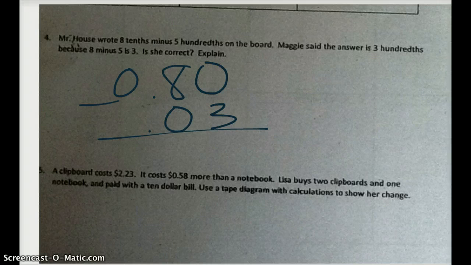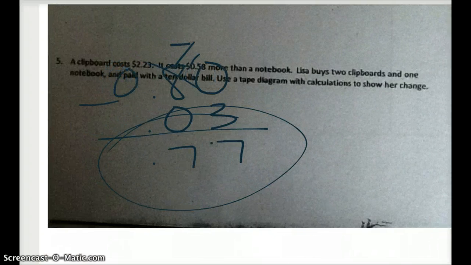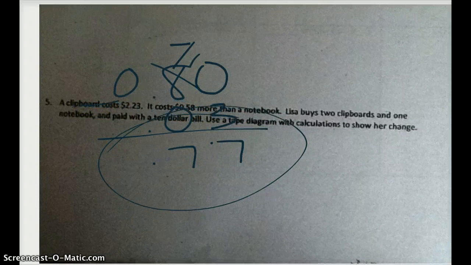So 8/10 and 80/100 is the same thing as 8/10. Real answer is 77/100. I'm going to let you guys do number 5 on your own because we did something very similar to it in class, and I want to see what you know.